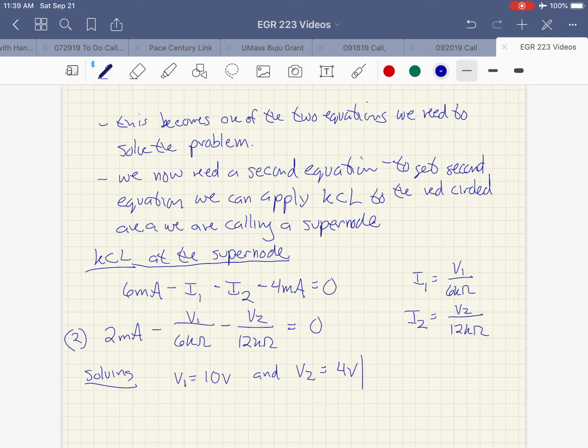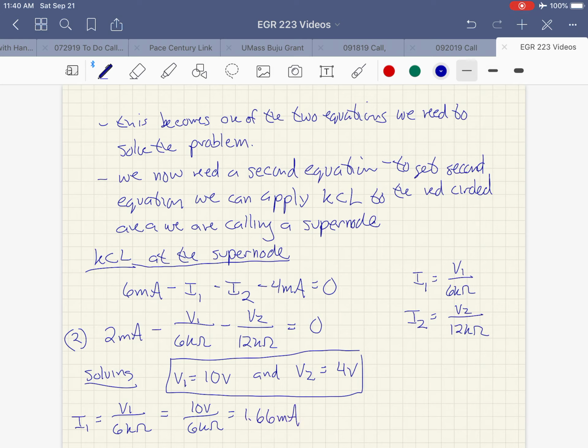So we found our 2 unknowns here. Now, once we know these, we just use Ohm's law. I1 was V1 over 6K ohms, so that's 10 volts over 6K ohms, which is 1.66 milliamps.